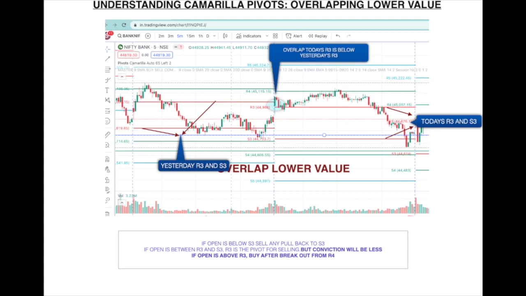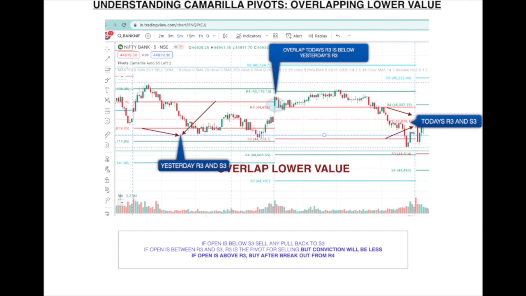There has been a slight problem, as I'm not able to pull my cursor here, but I will explain as it is. If the market opens between R3 and S3, any pullback will be a selling opportunity.